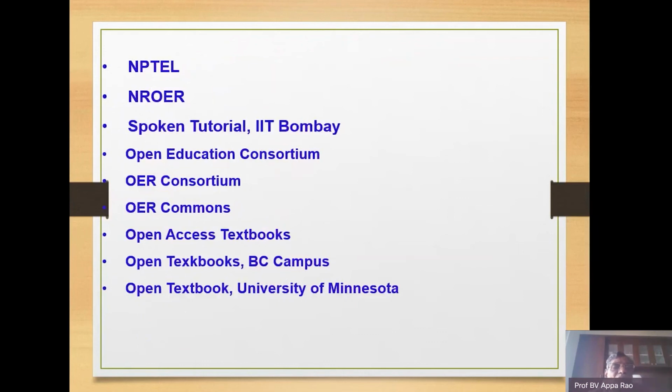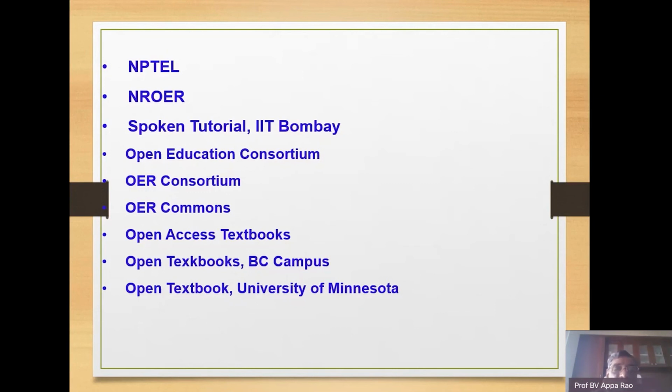NROER, Spoken Tutorial of IIT Bombay, Open Education Consortium, OER Consortium, OER Commons, Open Access Textbooks is another source. You go to Open Access Textbooks, then whatever textbooks are available will be listed. You click on that, you can get it. You can download, print, whatever purpose. Some will be available not for printing, only for downloading and reading there itself, in the form of ebook.